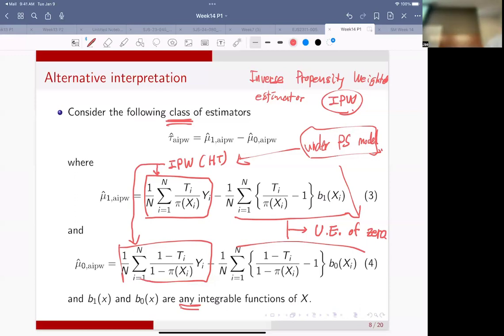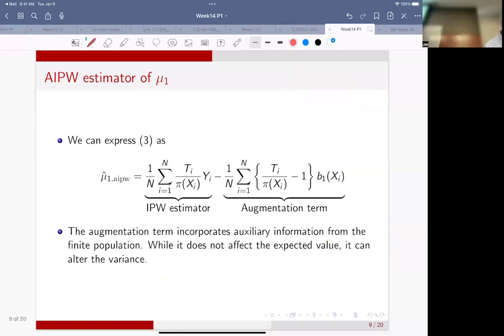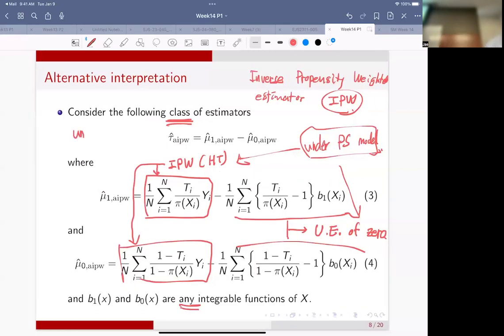Well, we know that this one is unbiased. That means we can choose anything and construct any estimator. But then maybe you want to ask yourself which choice is optimal among this class. So that becomes a very interesting mathematical statistics problem. You have a class and a certain criterion, and you want to find the optimal one, right? So that is basically the idea. Okay.